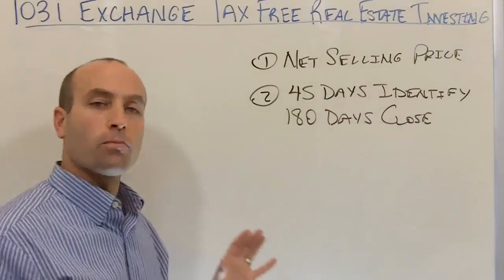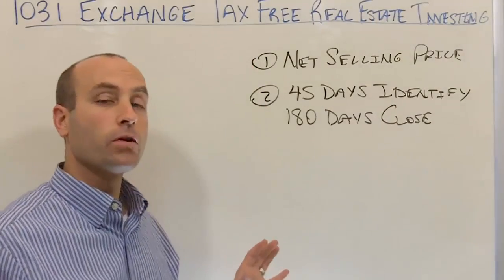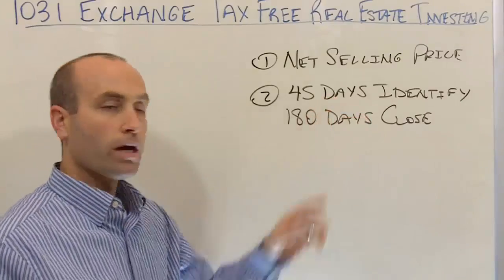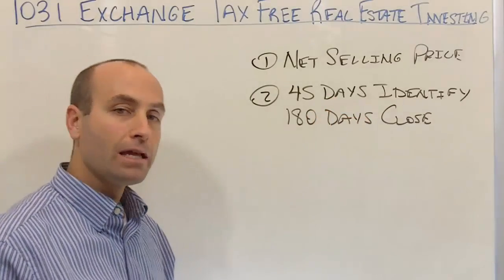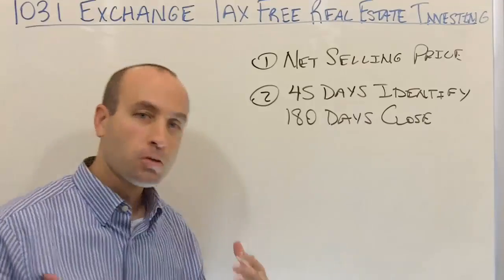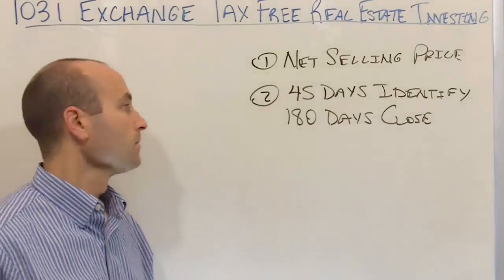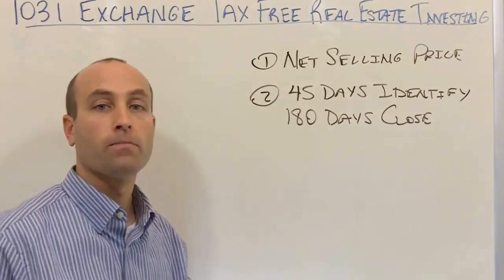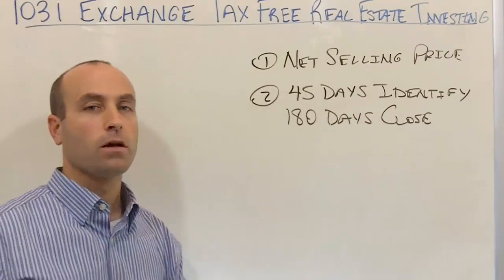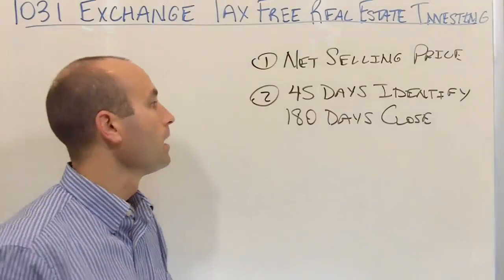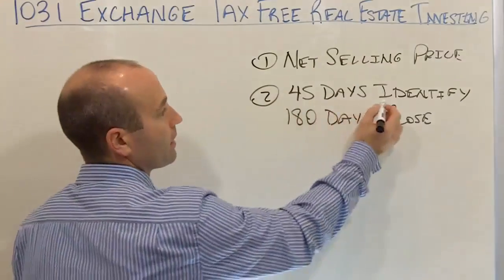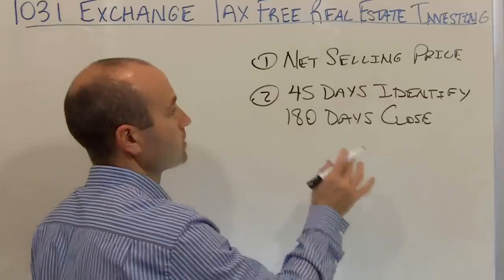If you sell your property and you're going to do a 1031 exchange, you've got a short window in which to identify the properties that you're going to buy. So what a lot of people do is they start looking for deals, and when they find something that may fit, they go ahead and put their other property up for sale. And we'll talk about what's called a reverse 1031 in a moment. But a 45-day identifying period, and then you've got 180 days to close.